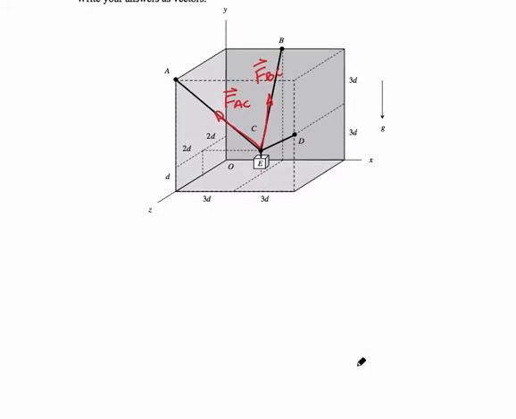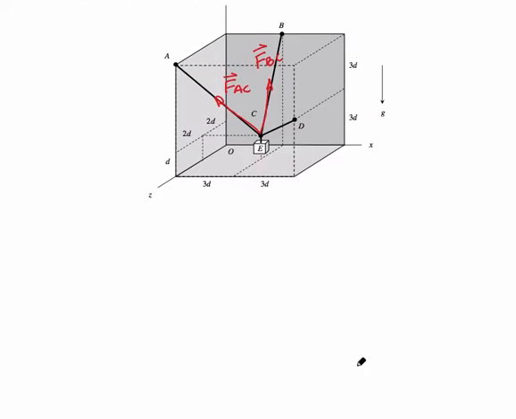Our first task then is to find the unit vectors for our three cables. For cable CB, the unit vector I'm going to write down is from C to B, the same direction as the force.